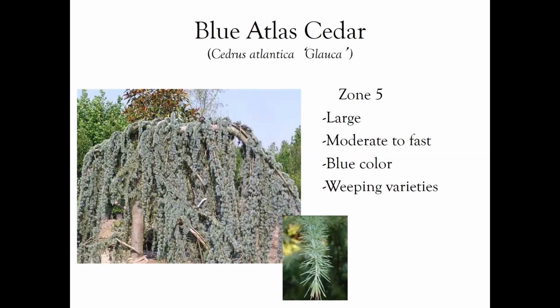They're typically large, moderate to fast growers. The blue varieties have a waxy coating on the leaf that gives them that blue color, but there are also green cultivars as well as the weeping varieties that you see here. But these are large trees. I see these Blue Atlas cedars planted a lot on new homes, especially model homes where they don't have a lot of room at the foundation.